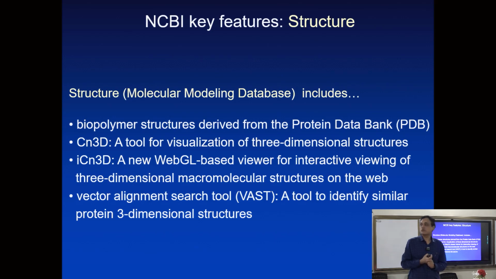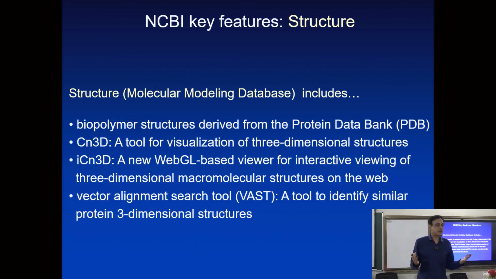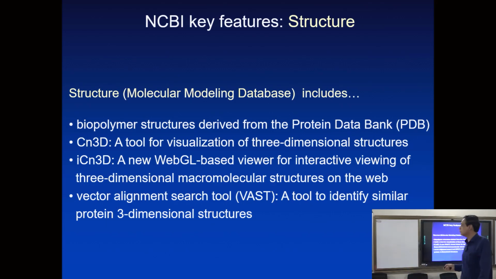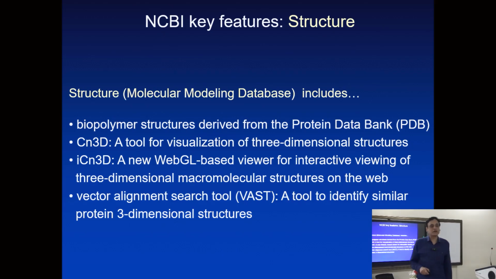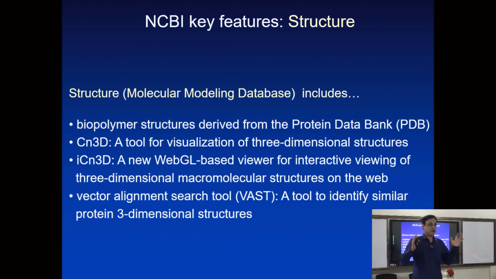That will help you in understanding different features that underlie these structures. And there are tools such as VAST. It is like BLAST for comparing structures. BLAST is for comparing sequences of DNA and proteins. VAST is for comparing structures. So it is a tool that you would want to use if you want to know how similar two structures are, just like BLAST for how similar two sequences are.